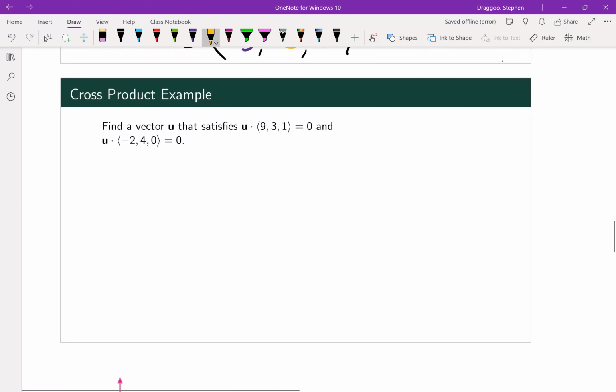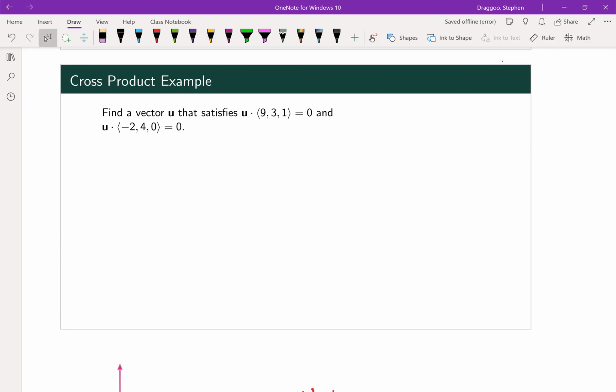All right, if we look at one more example, finding a vector u that satisfies the two properties that u dotted with the vector (9, 3, 1) is equal to 0, and that u dotted with the vector (-2, 4, 0) is also equal to 0.